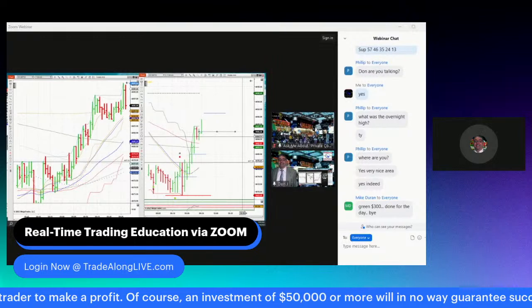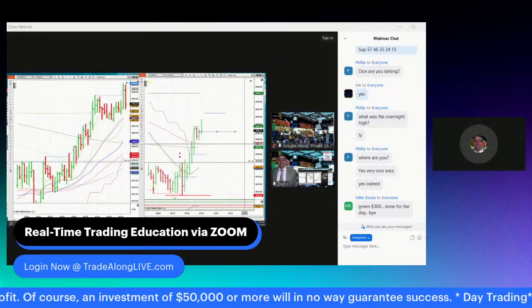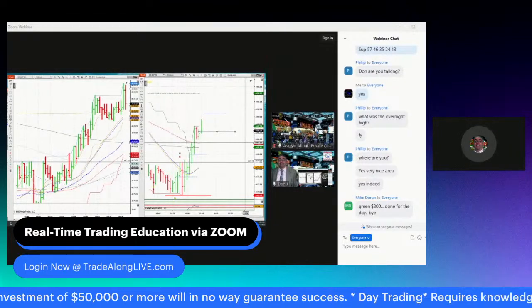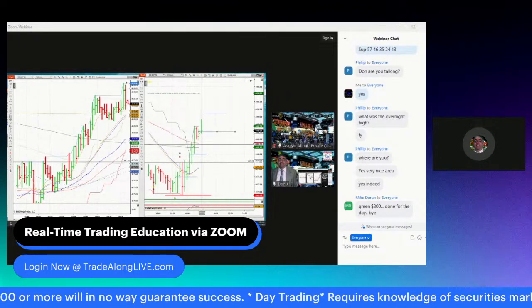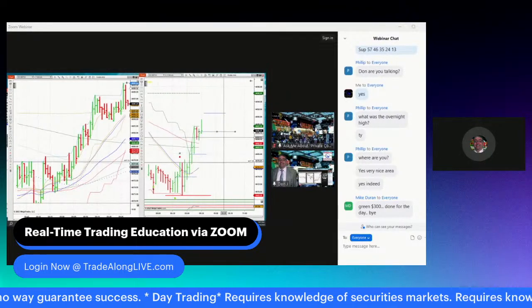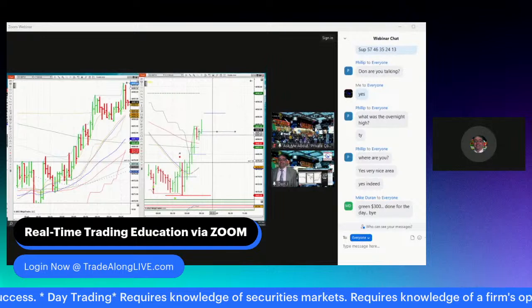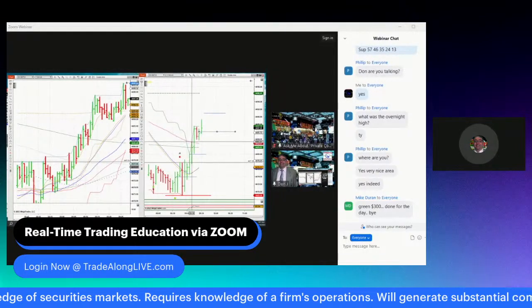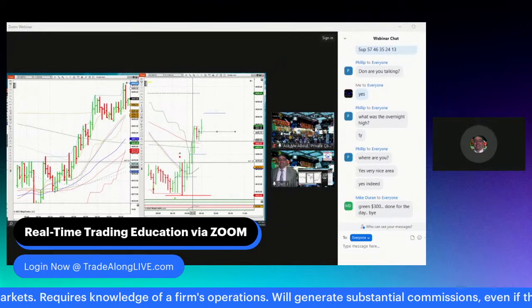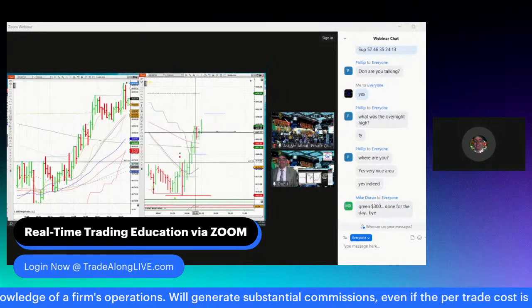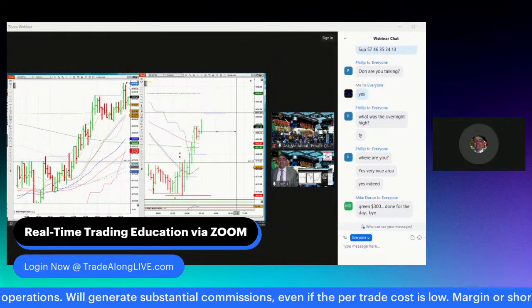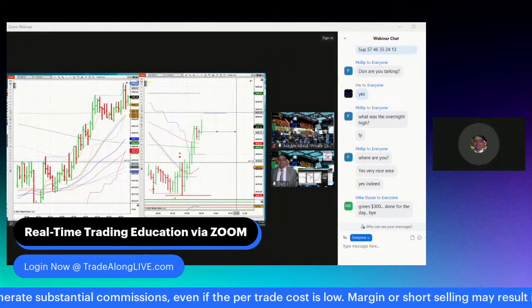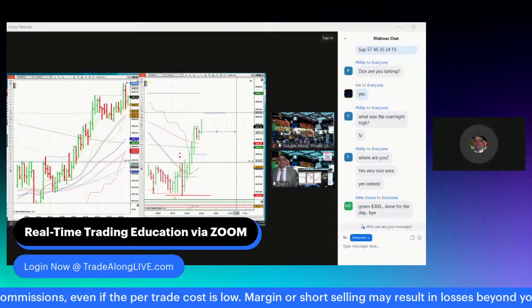I had the 83s, and if you'd have took the 83 the first time to it, you made a little money. I had the 85, but I decided since we got up in this range, I was going to use the upper end of it. So then I shifted into the 86 for momentum.